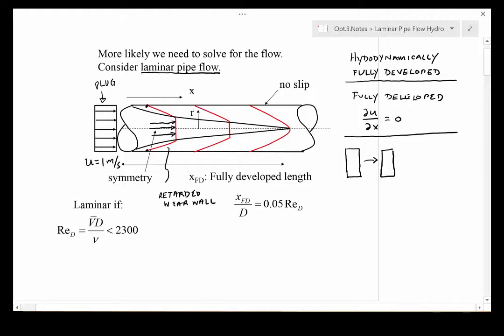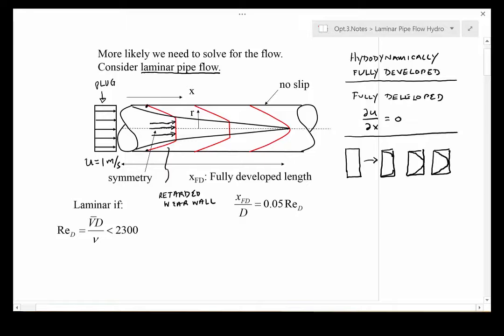As we go downstream, we have increased penetration of the influence of the wall. Away from the wall, the velocity is something, but near the wall, it's 0. As we continue to follow this in this simple sense, there's increased penetration of the influence of that wall region until we get to some point downstream where it has penetrated the whole way into the system.